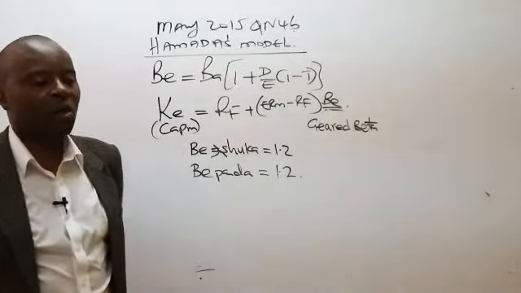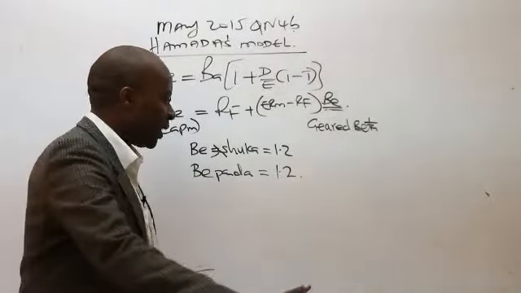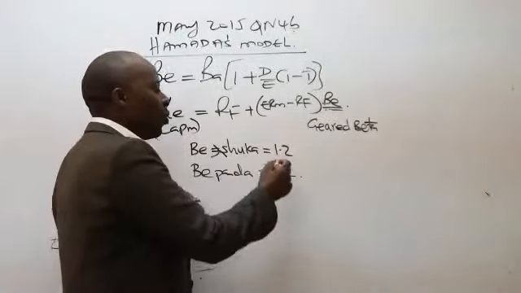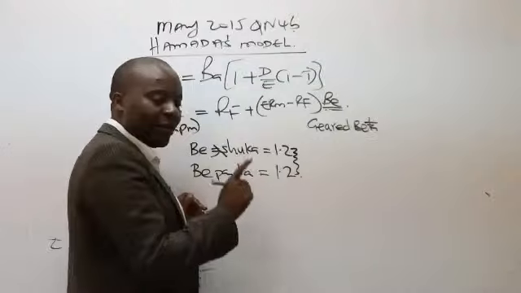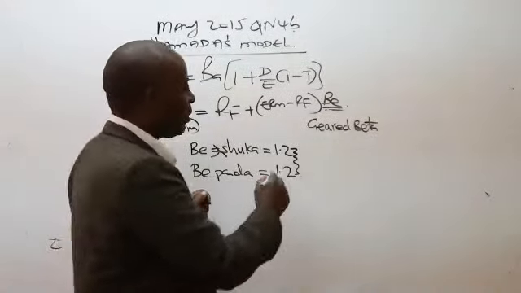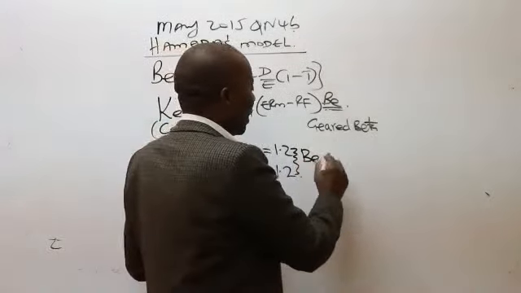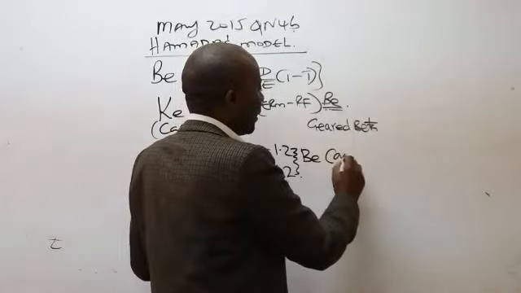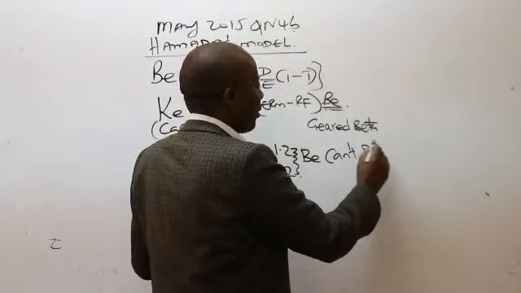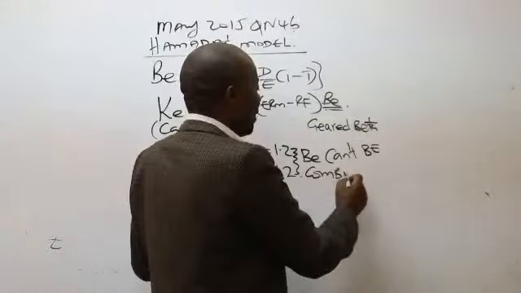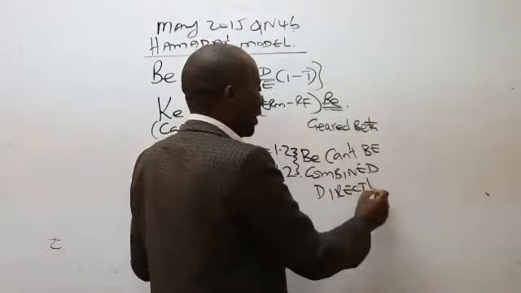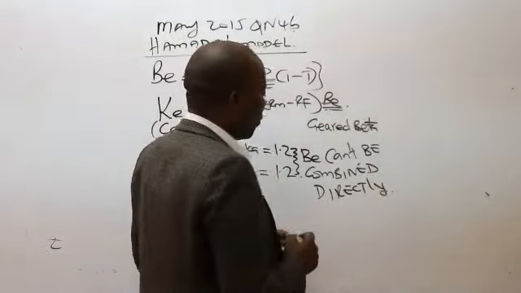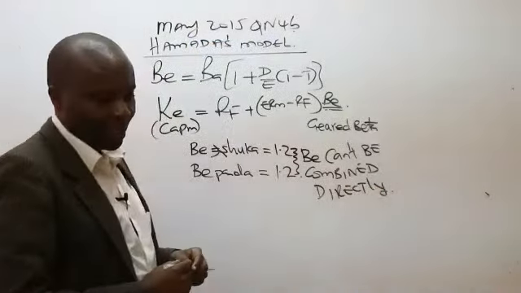The worst thing, Olivia, you can ever do here is combining beta equities. Beta equities cannot be combined directly. How I wish the entire Kenya had only one mother tongue.